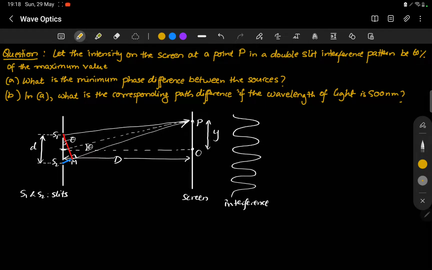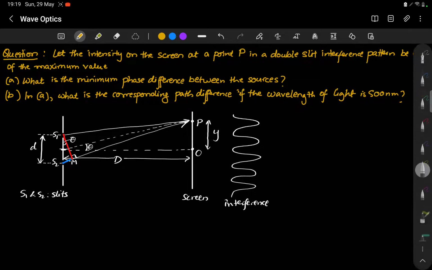If we consider a point P, then we can figure out what the intensity pattern is as P varies along the screen. The screen is at a certain distance from the slits, and the slits have a certain separation.